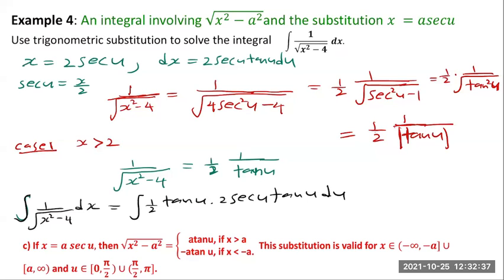Pardon me, not du, dx. So this is equal to this function, which we found over here, and then dx. My dx is equal to 2 secant u tan u du. I put it there.